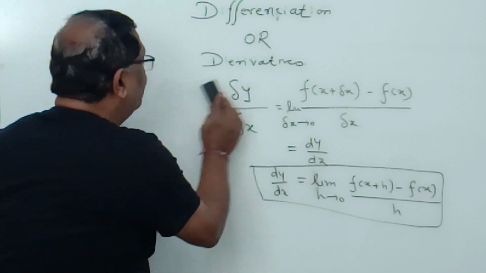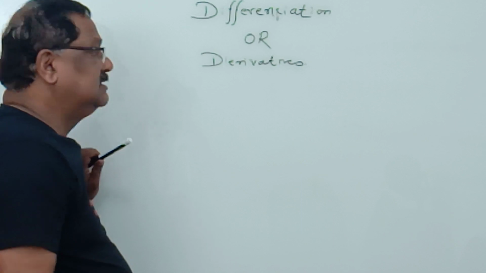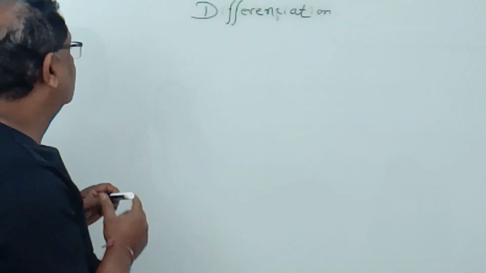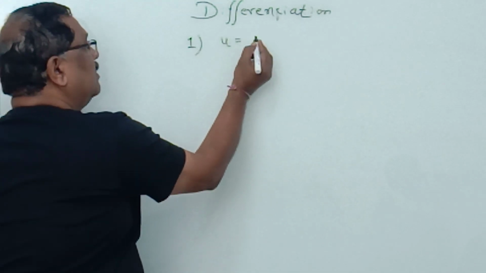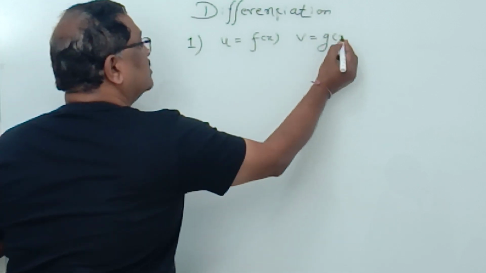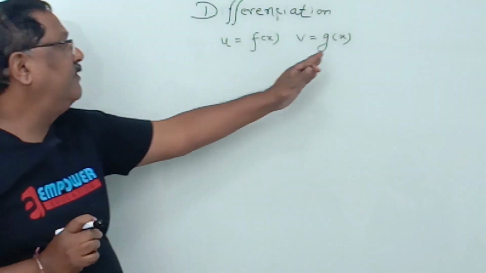Now we will see the rules of differentiation. You know the basic operations of arithmetic: addition, subtraction, multiplication and division. The first rule: suppose u is equal to f of x and v is equal to g of x, so u is the first function and v is the second function.